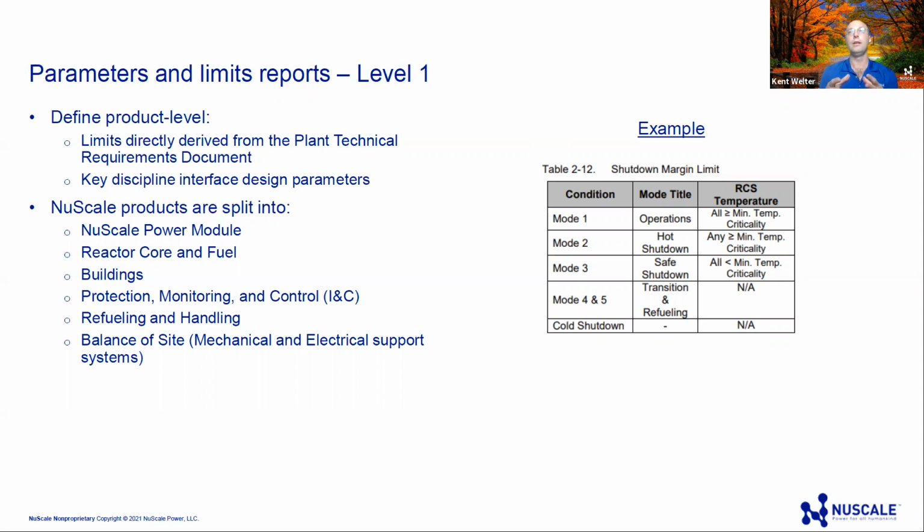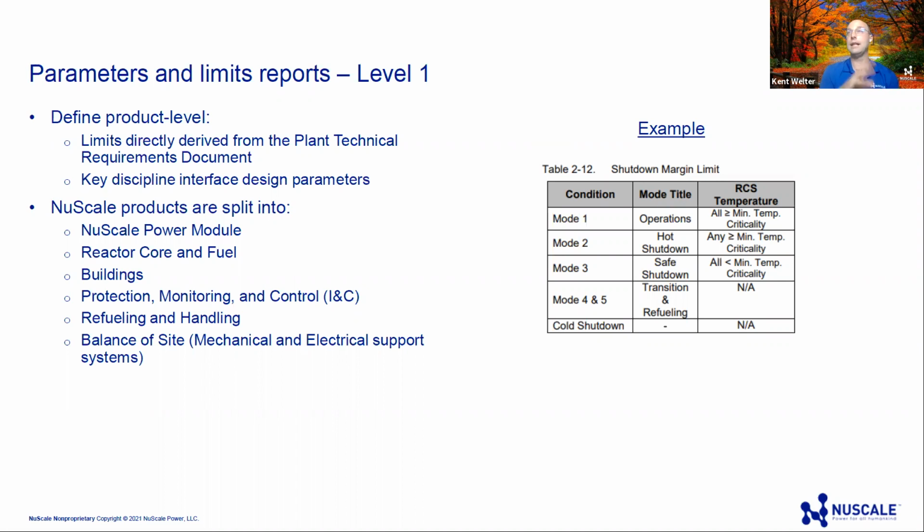certain customers might feature a slightly different fuel cycle, right? But in the same physical configuration of the reactor modules. So we separate that to allow for different product lines to have different versions and reusability. We have our buildings in a separate set of parameters and limits reports.